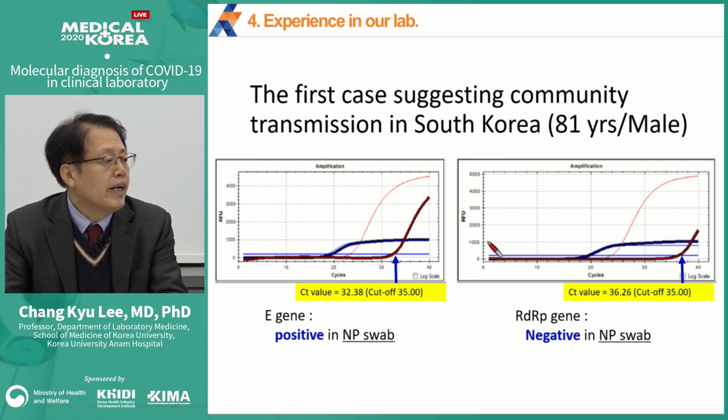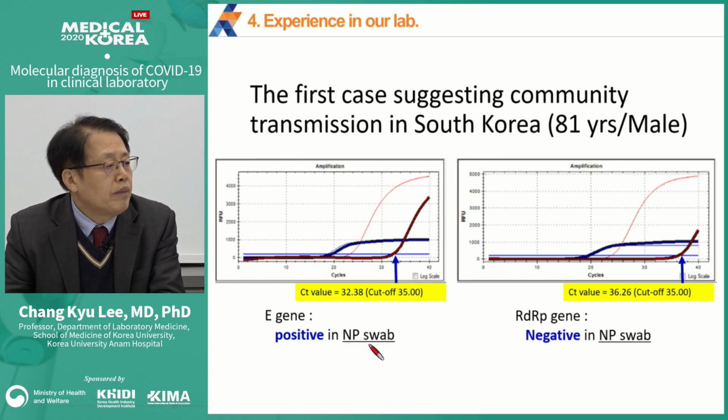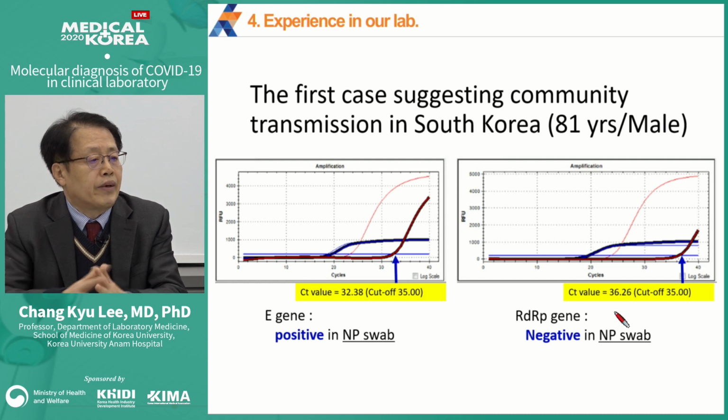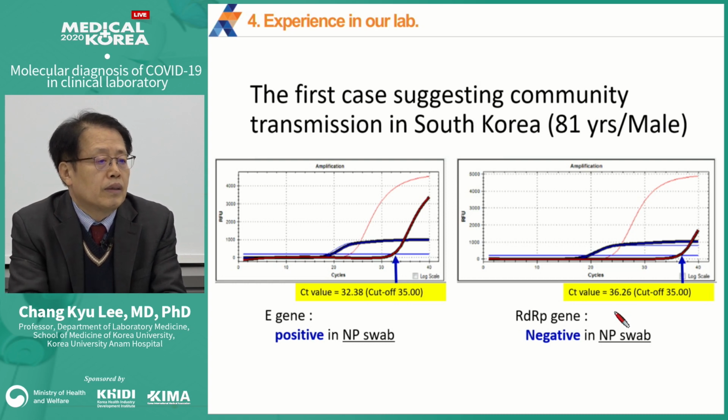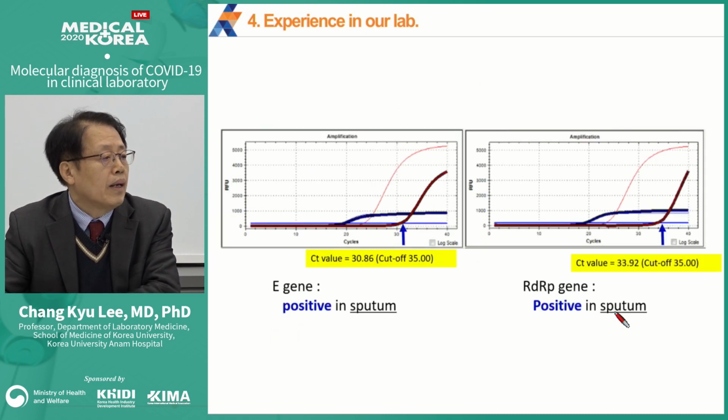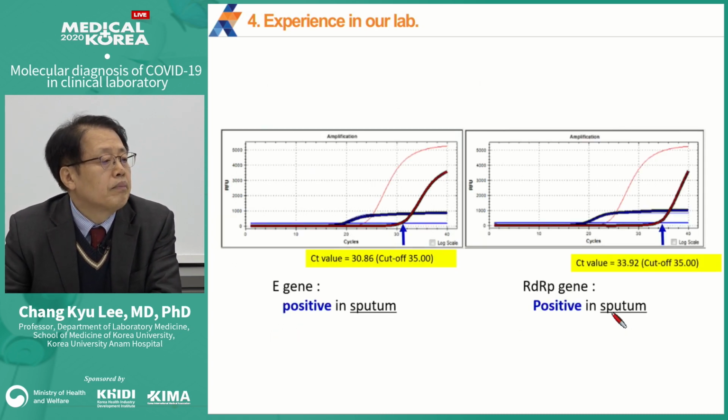In this case, E gene was positive in NP swab, but RdRp gene was negative in NP swab, just above the cutoff value, 36.26. So we asked clinician to send another specimen, sputum. This time, with sputum, RdRp gene was positive. CT value was lowered, just below the cutoff value.